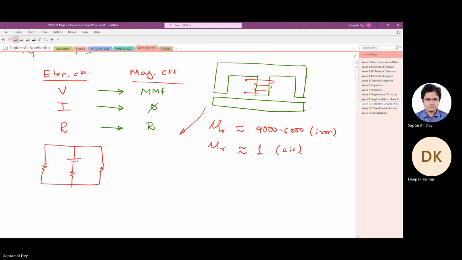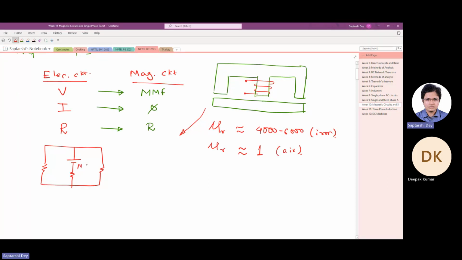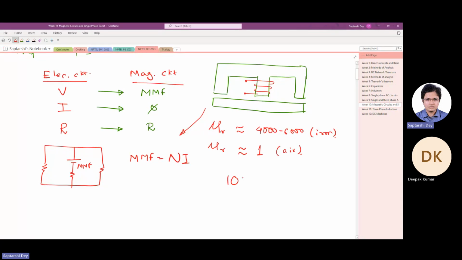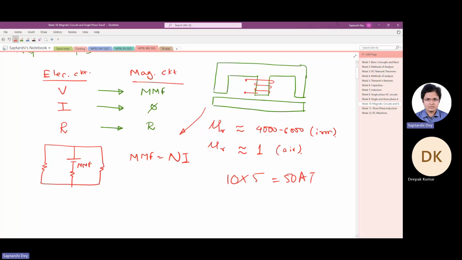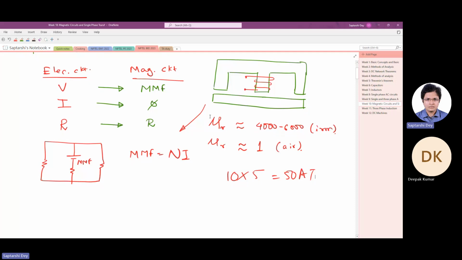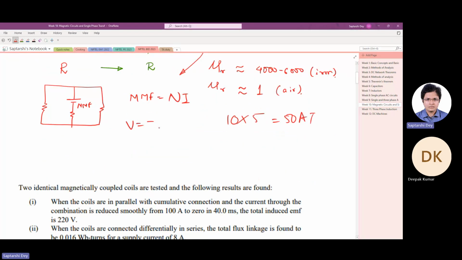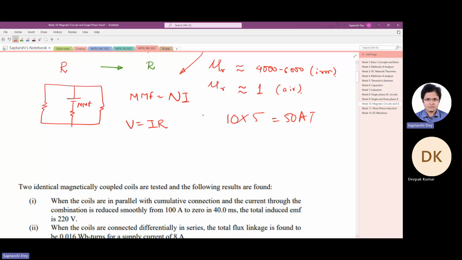Now, what is a voltage source? Voltage source is MMF. What is MMF? MMF is number of turns times current. So if there are 10 turns and 5 ampere current is flowing, you have 50 ampere turns of MMF. And how to solve the same thing: in electric circuit you have V equals IR, Ohm's law.